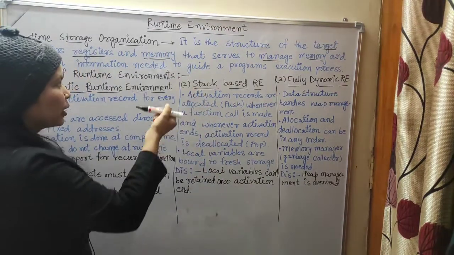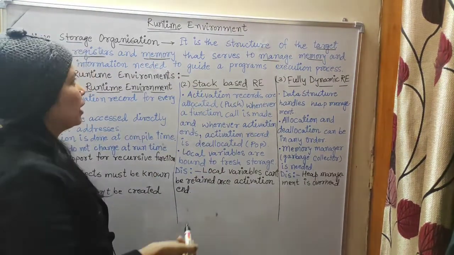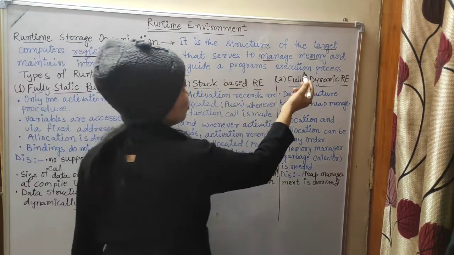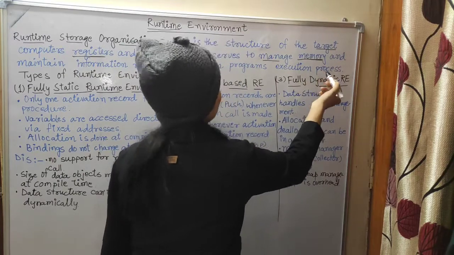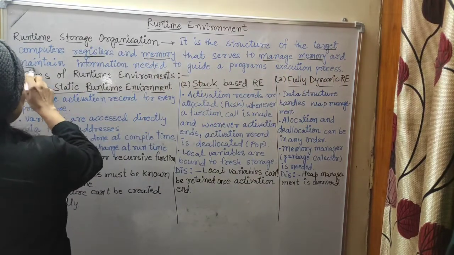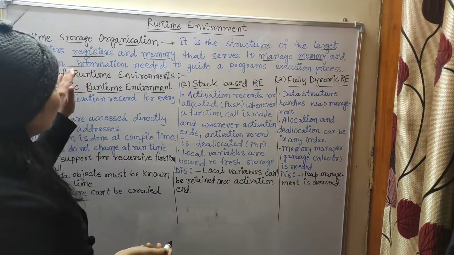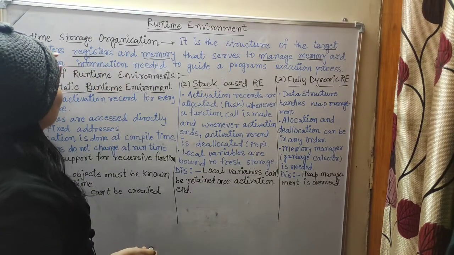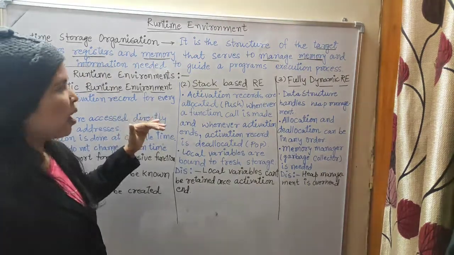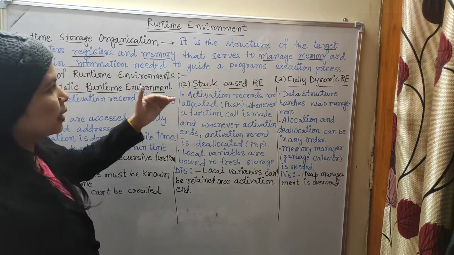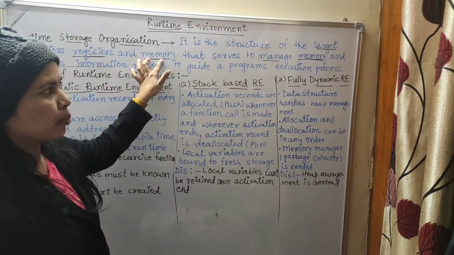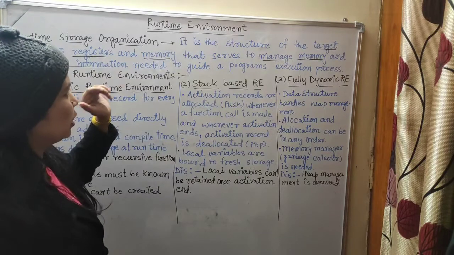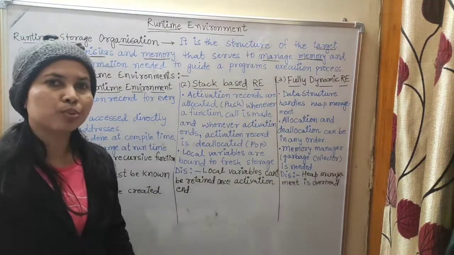It may be static also, dynamic also. Anything in the memory, static memory or dynamic memory. That is why it serves to manage memory and maintain information. Which information? Whatever we are solving in the program and storing in registers and memory is maintained by the runtime storage organization to guide the program execution process.